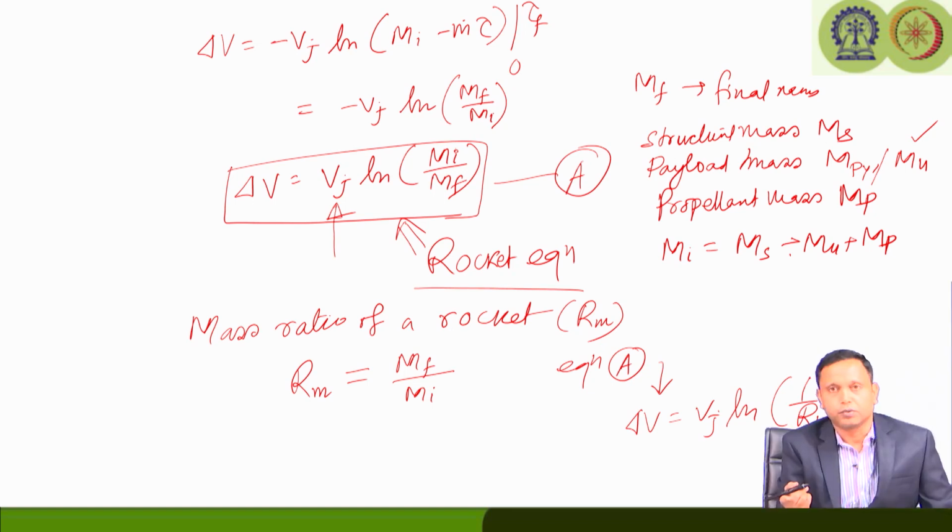Mostly it consists of structural mass like the hardware mass of the rocket, some of the power supply, guidance and control system, some inert mass, some coating and these things. So, we can get a relationship of the ideal velocity increment with respect to the efflux velocity and the mass ratio of the rocket. Okay.